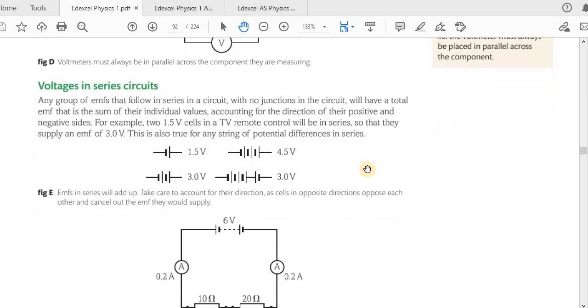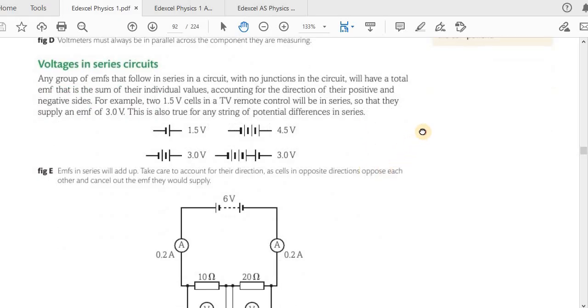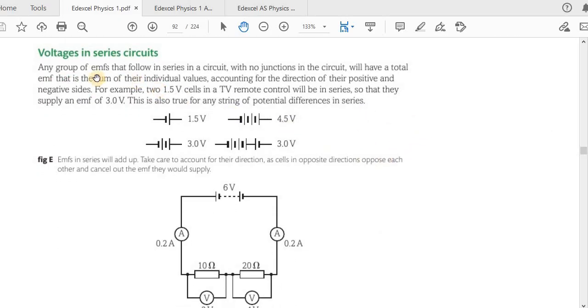Then voltages in series circuits. Any group of EMFs that follow in series in a circuit with no junctions will have a total EMF that is the sum of the individual values. Now what that means is, if we have just one like this, it's a cell. Just one symbol, a line and a short line.